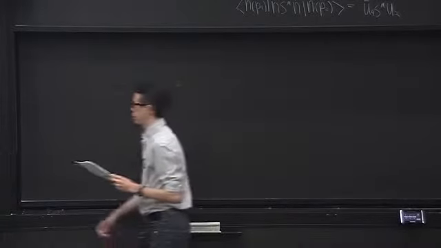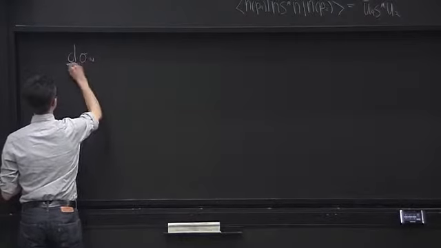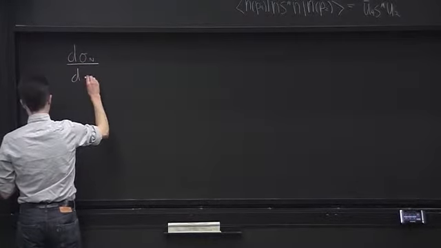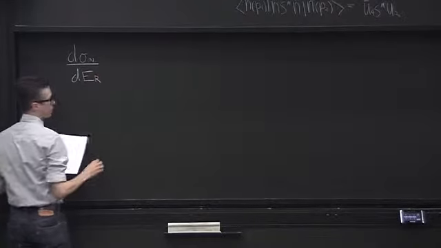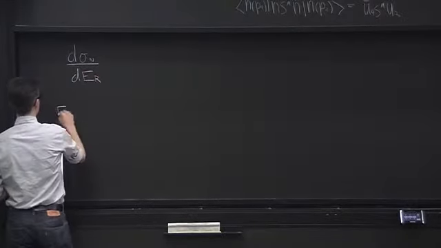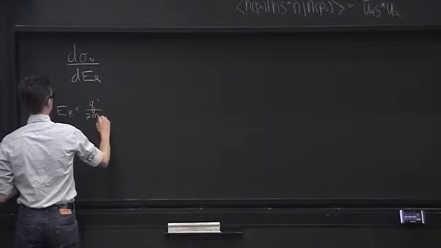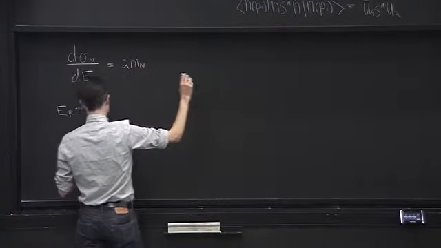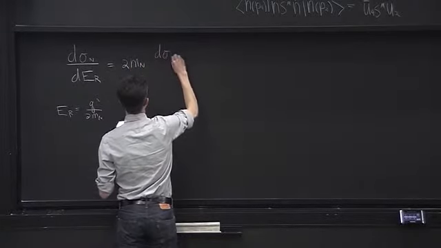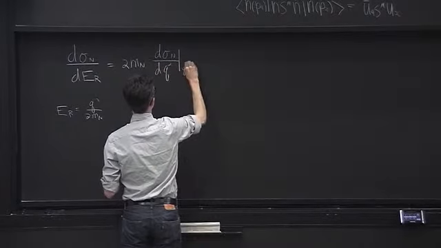So for the q squared equals 0 result, we're just going to tack on a form factor. And while I'm at it, I'm going to convert d dq squared to a d dEr. Remember, Er is just q squared over 2mn. So this thing is just going to be 2mn times d sigma n dq squared at q squared equal to 0.